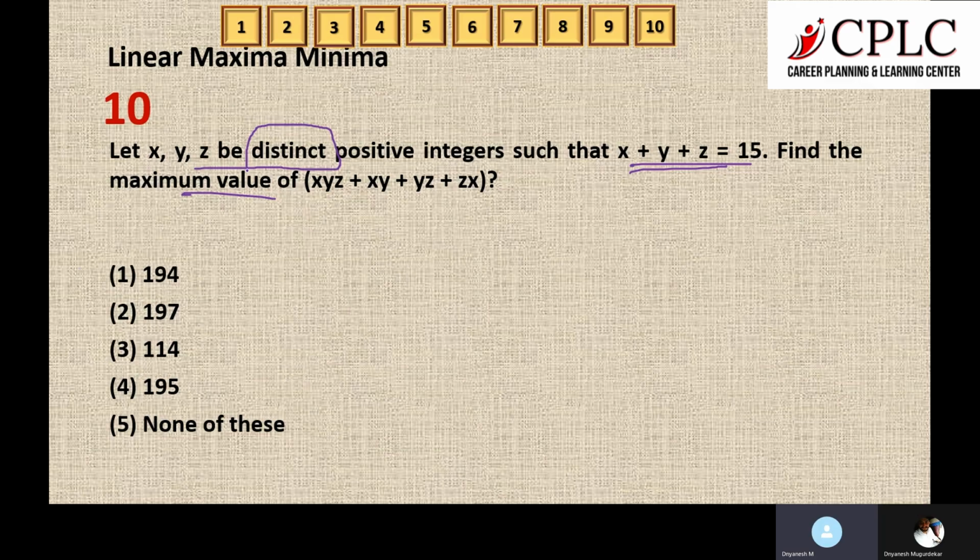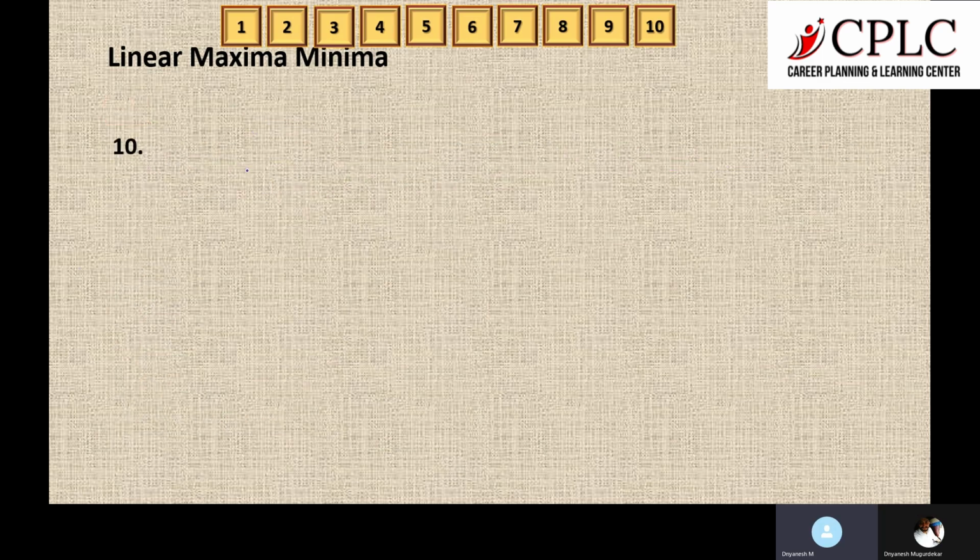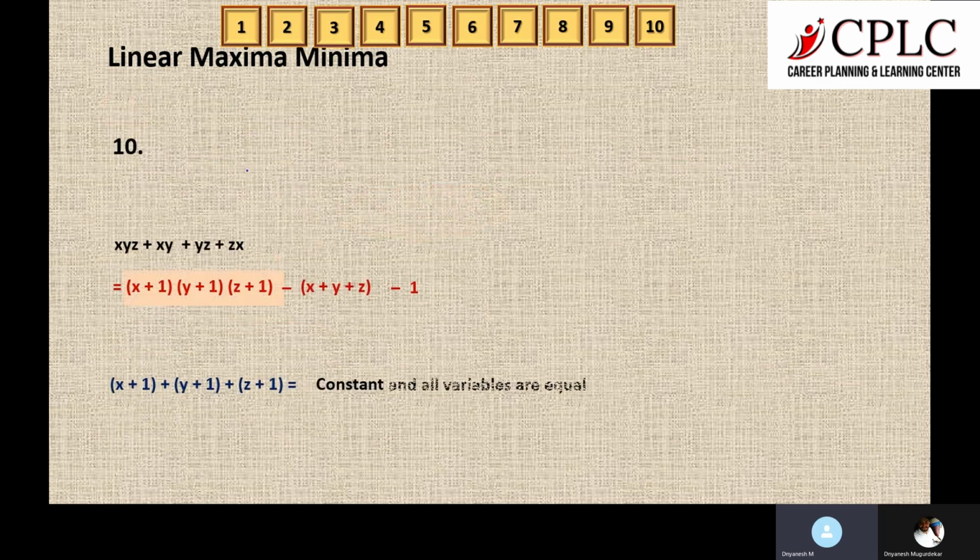We want the maximum product, but we cannot have the equal combination because the question wants the numbers to be different. So instead of 5, 5, 5, the next best combination is to keep the numbers as closely knit as possible. So let's decrease one and let's increase one. So the combination has to be 4, 5, 6 or 6, 5, 4, or it doesn't matter, for x, y, z, whichever value you substitute.